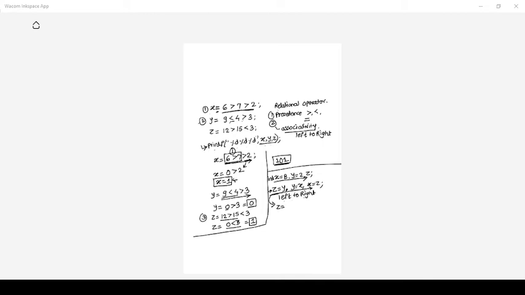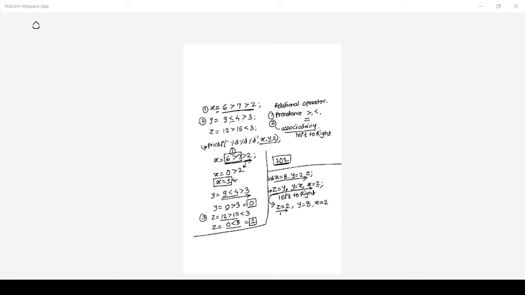So z is equal to y. What is the value of y? The y value is 2. Okay, then comma, y is equal to what? x. So what is the x value? The x value is 8. Then you can see x is equal to z. So what is the value of z? The z value is 2. When we evaluated the first expression, our z value changed to 2.